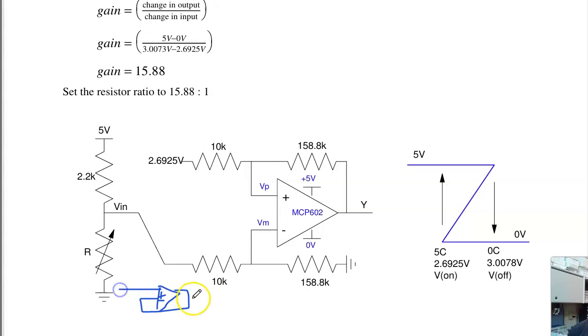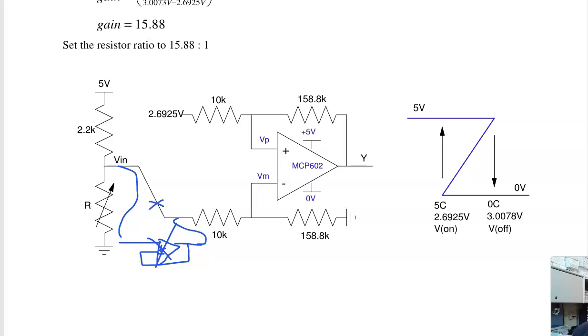What a buffer does is the input impedance is 4 gigaohms. The output impedance is ideally 0. This can drive 50 milliamps, so it can drive 250K. That'll make it more accurate. Usually I don't really worry about that because if I have 5% tolerance resistors, this changes the resistance by 1%. Who cares about 1% when you're dealing with 5% tolerance resistors?